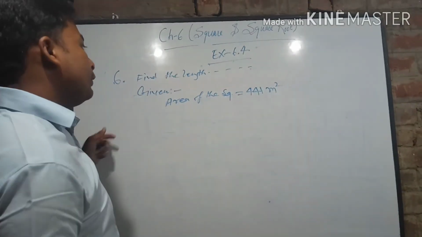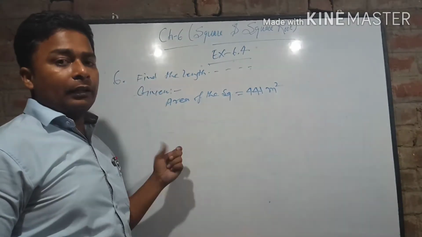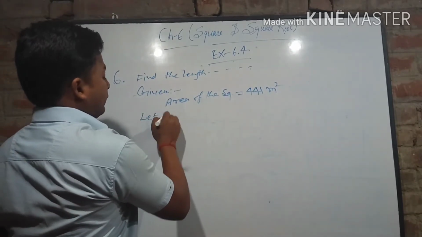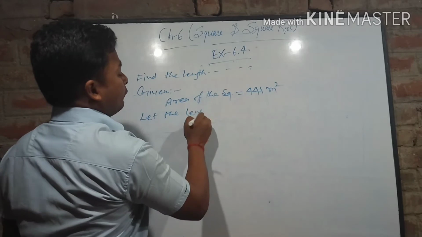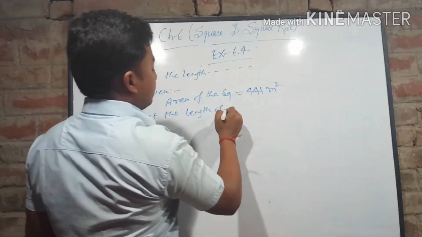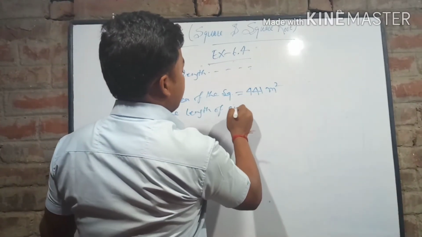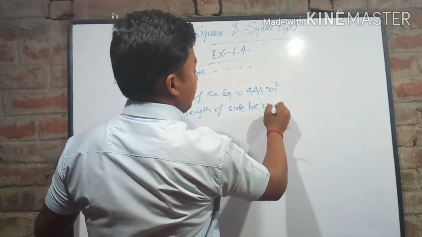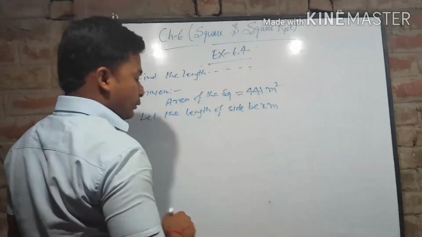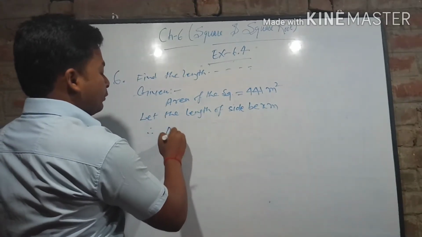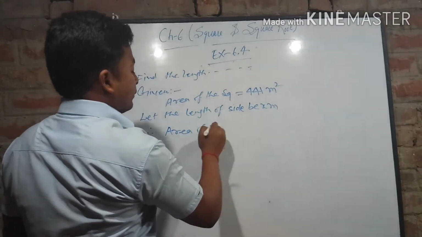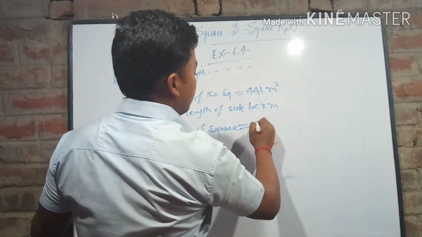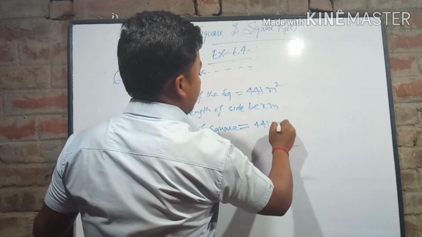Now my dear, we know that in a square length and breadth both are equal. Let the length of the side be x meter. Since it is a square, the area of the square is given in the question, that is equal to 441 meter square.